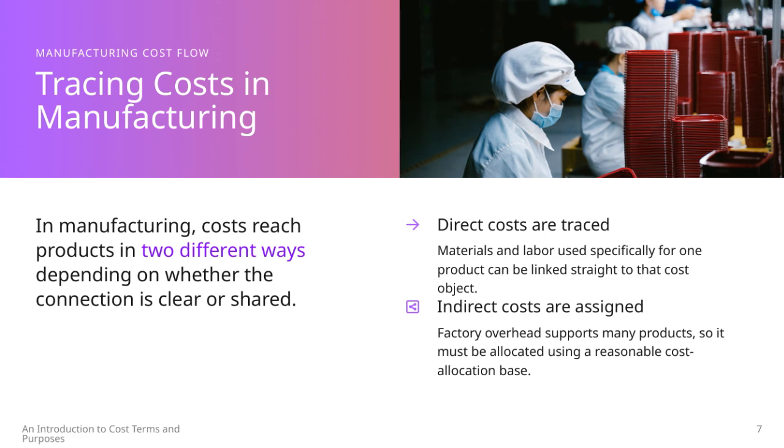On the other hand, indirect costs, often referred to as factory overhead, support multiple products. Since these costs can't be traced directly to a single product, we assign them by allocating based on a reasonable cost allocation base. Understanding this distinction between tracing direct costs and assigning indirect costs is fundamental in managing manufacturing costs effectively.